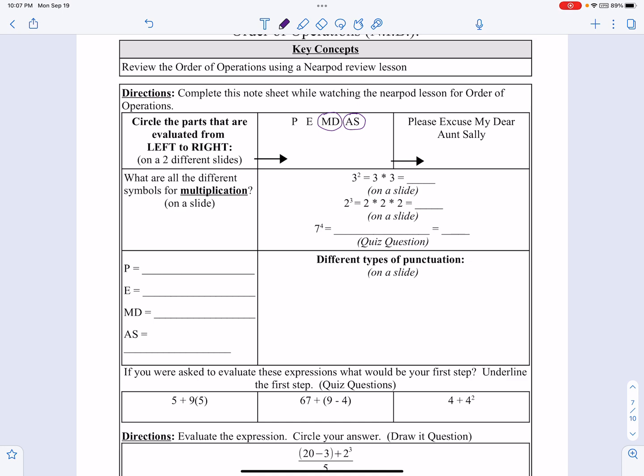We have the P, which typically we think about as parentheses, even though it does include lots of other punctuation. So however you want to think about that, we're going to go ahead and write punctuation. But I think you can recall too that it's parentheses and other similar types of punctuation. So if we're listing the types of punctuation, we're talking about parentheses.